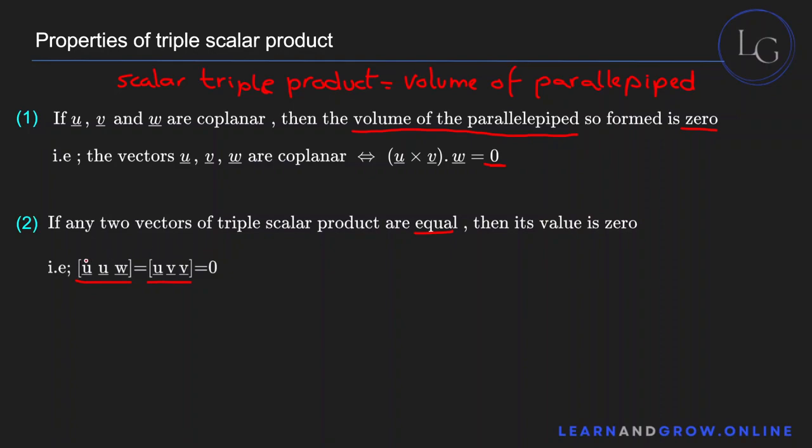So basically, let's say u and u, and you have v and v as the two vectors, then the result when you solve the matrix will be equal to 0, right? So the two properties are that if u, v, and w are coplanar, then the scalar triple product is equal to 0. And if any two of the three vectors in the scalar triple product are equal, then again the scalar triple product is equal to 0.